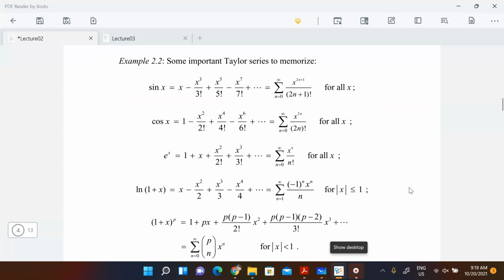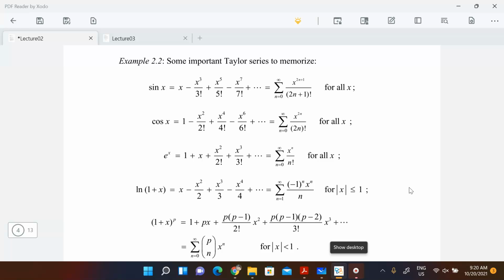But really for physics, those who are trying to analyze experimental results, or doing calculations in theoretical areas, you are really expected to know certain standard Taylor series. So here are some of the standard Taylor series that you need to know.